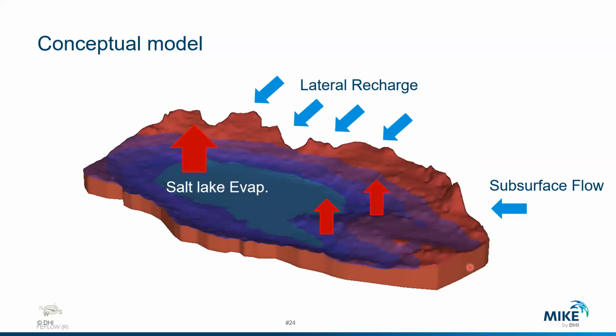You have also normal groundwater flow. The evaporation rate is very high. It's really a hyper-arid environment, so 1,000 millimeters per year of evaporation or even more. So it's a significant accumulation of salt, with some crusts accumulating at the surface. So you need to incorporate these density changes here.